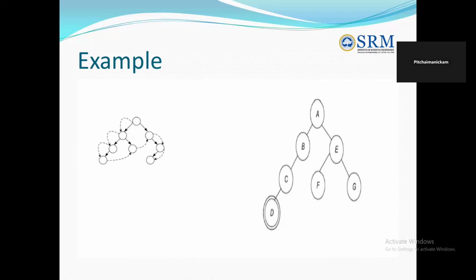For example, if you start with this node as zero, we again find the successor, and moving down, the process has to reach the end.